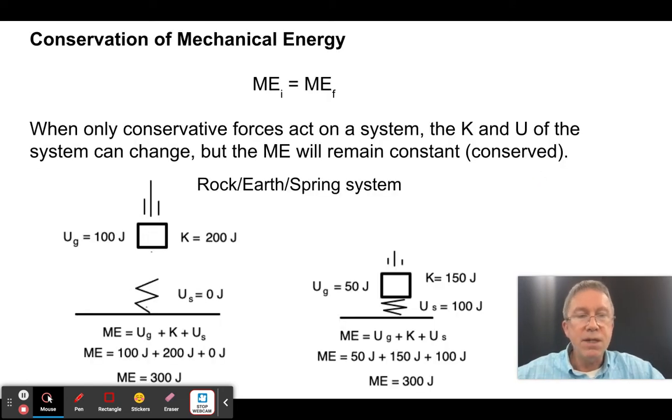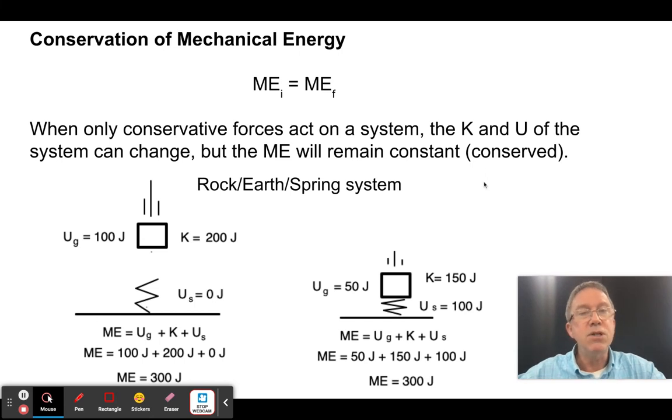And this is important because we want to solve problems using what we call the conservation of mechanical energy. Now, conservation laws are ones in which whatever we start with is what we end with. The total sum of what we start with is equal to the total sum of what we end with. And we're going to look at a number of these conservation laws this year. So we're going to start off with conservation of mechanical energy.